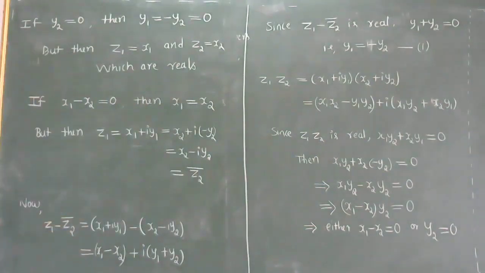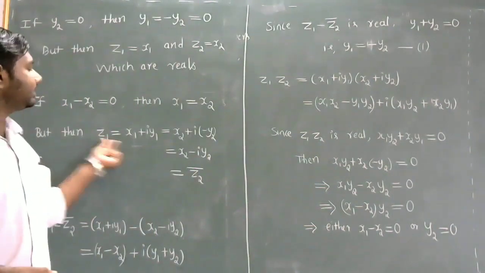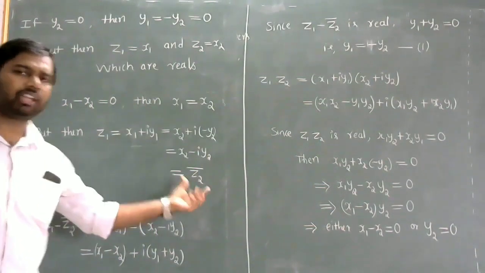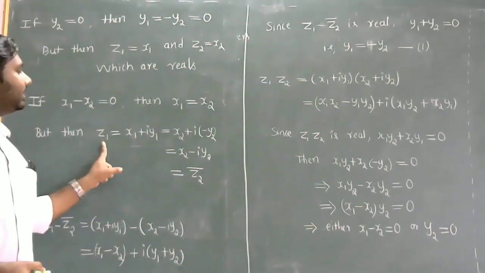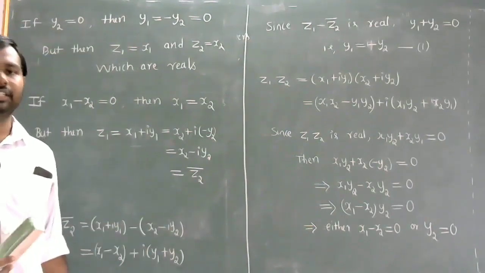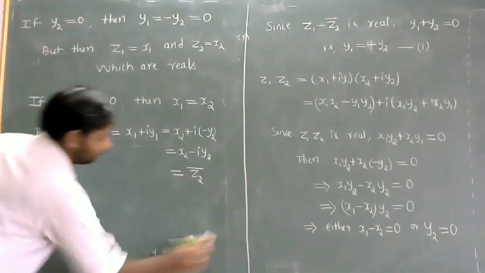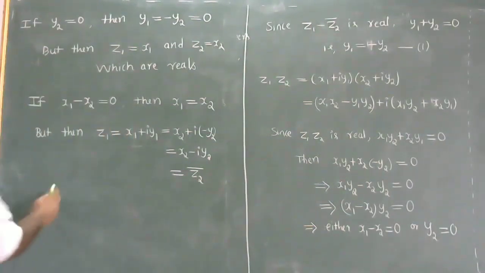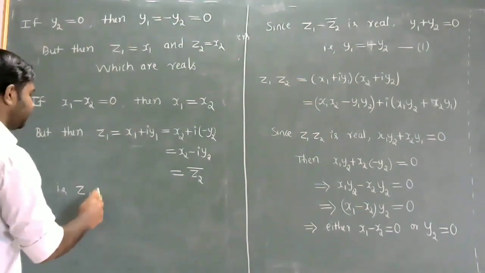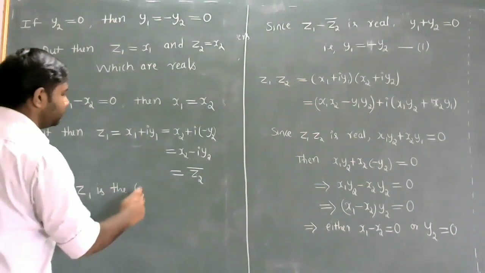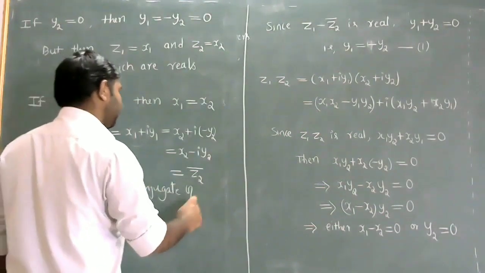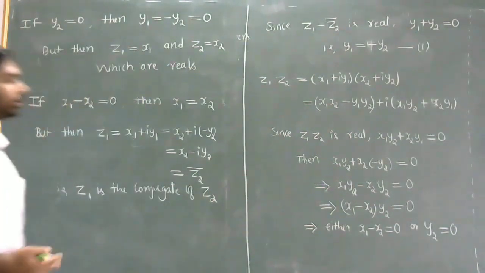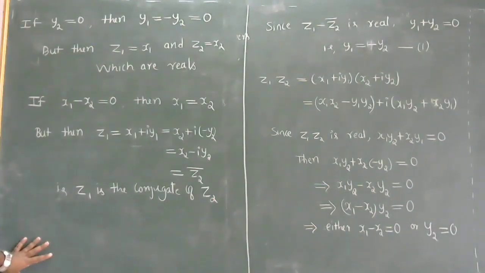So what we got here? z1 is the conjugate of z2, or you can prove the other way also, that z1 is actually the conjugate of z2. So thus we proved the problem.